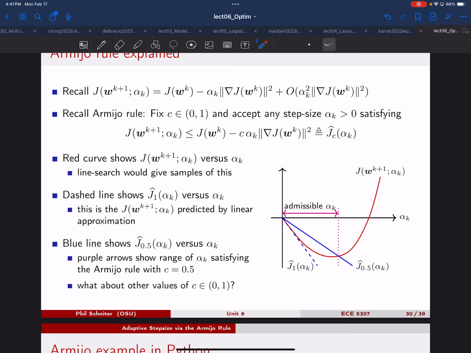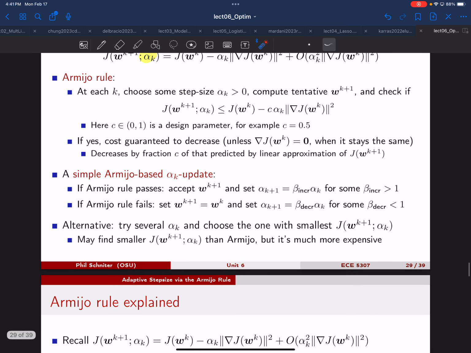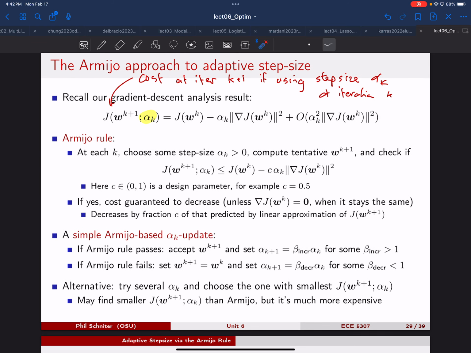So the Armijo rule is trying to come up with a simpler, more efficient way of doing that, where instead of testing a grid of step sizes, it basically has some current guess, call it alpha k, and then what it does is it computes a tentative update, wk plus 1, and it checks to see if this relationship is satisfied.